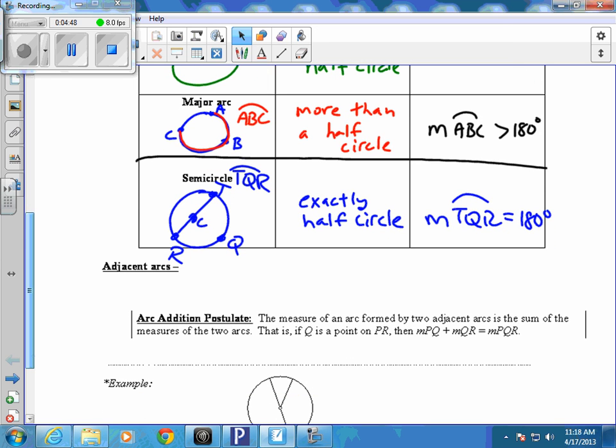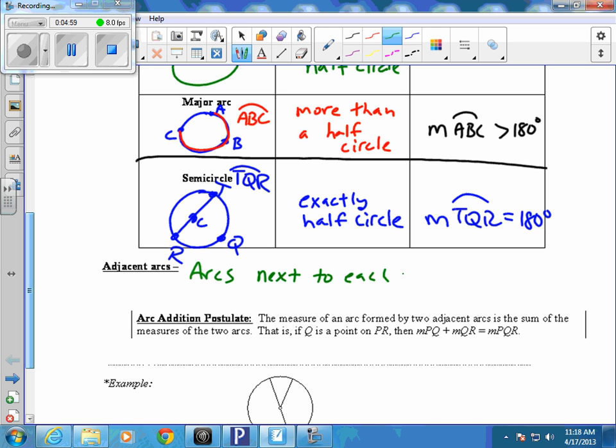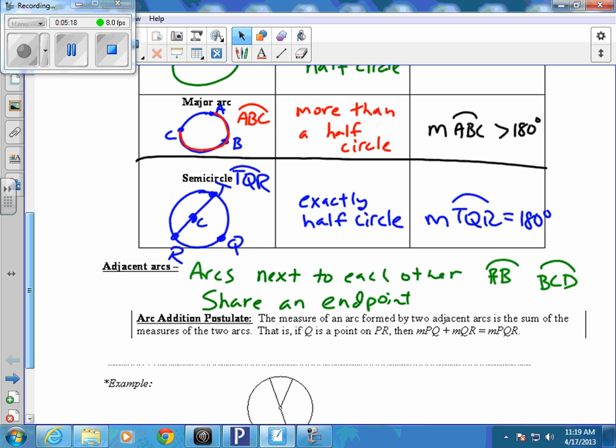We also defined adjacent arcs in class. Adjacent arcs are arcs that are next to each other. They share an endpoint. So for example, if I had arc AB and I had arc BCD, those would be adjacent because they share the endpoint B. And you don't even need a picture to show that.